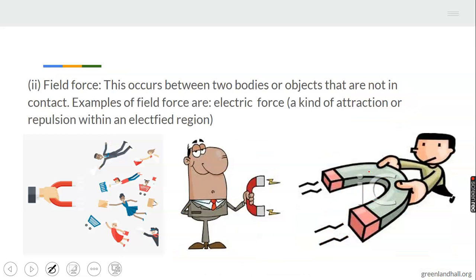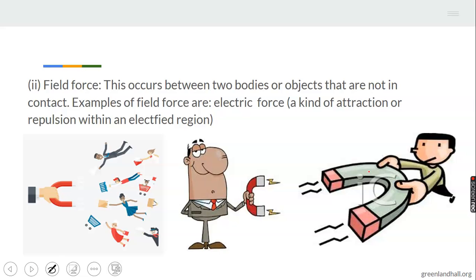So we go to field force. Now what's field force? Field force occurs between two bodies or objects that are not in contact. They don't need to touch each other, but the force is going to attract them to come together. Electric force is a kind of attraction, and it also does that. Magnetic force is also a very good example.